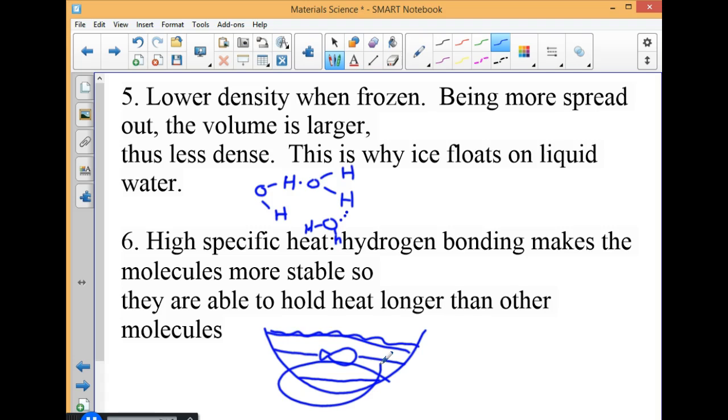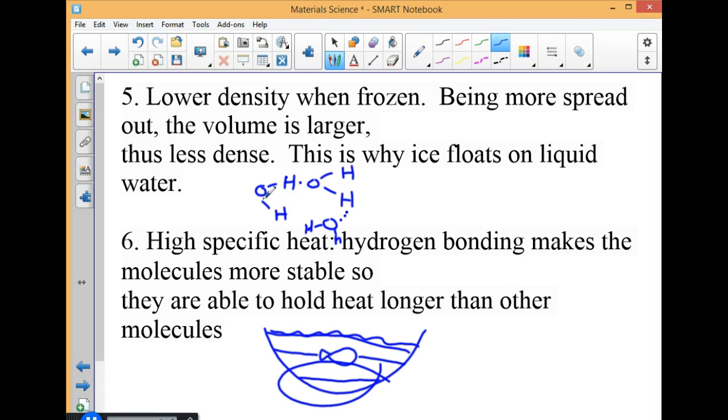So water is a pretty amazing molecule, and it all comes down to its polarity. It also means that it has a very high specific heat capacity. We have to really disrupt those hydrogen bonds in order to make water change temperature. That is really, really good because you are 75% water.